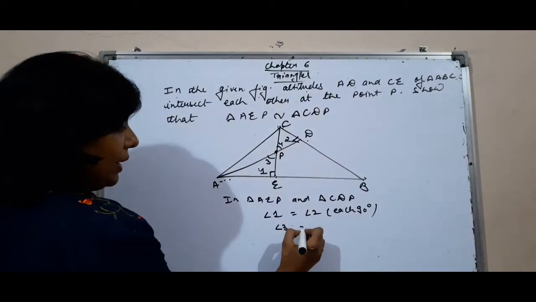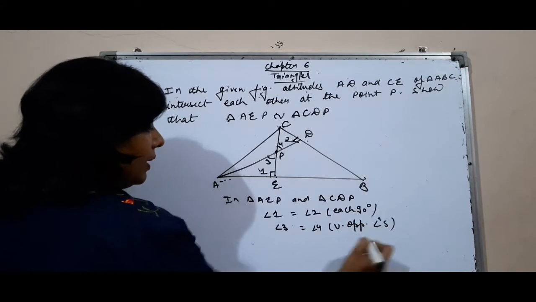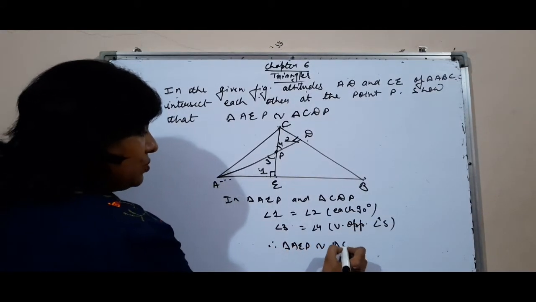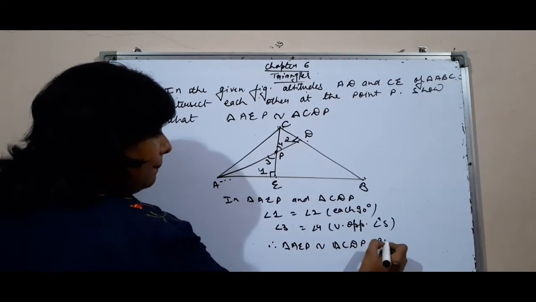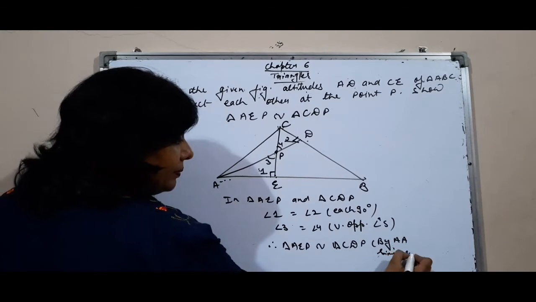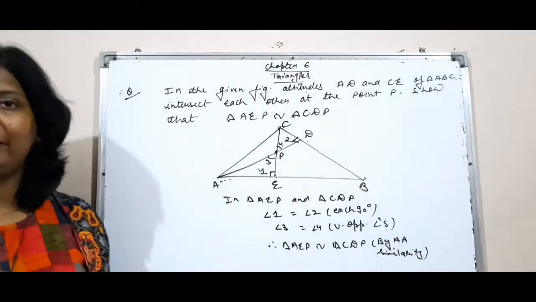Angle 3 equals to angle 4, vertically opposite angles. Therefore, triangle AEP is similar to triangle CDP by AA similarity. Is it clear now? Okay.